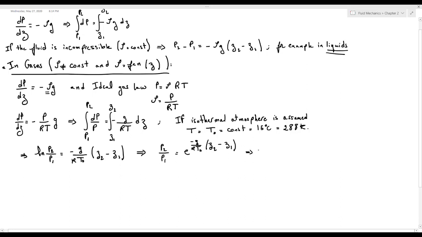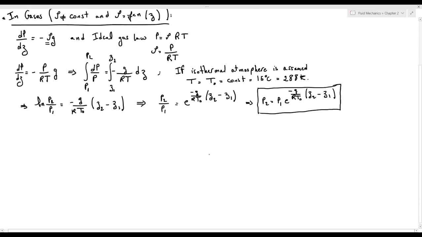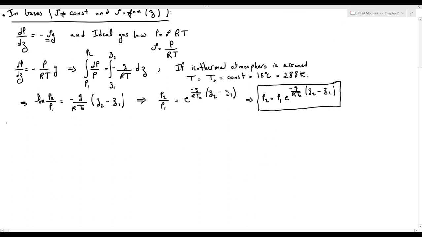Then P2 will be equal to P1 into exponential of minus g over R T0 into Z2 minus Z1. So using this equation we can find the pressure in the atmosphere, however using an isothermal atmosphere condition.